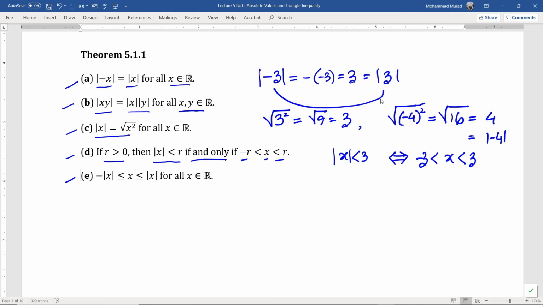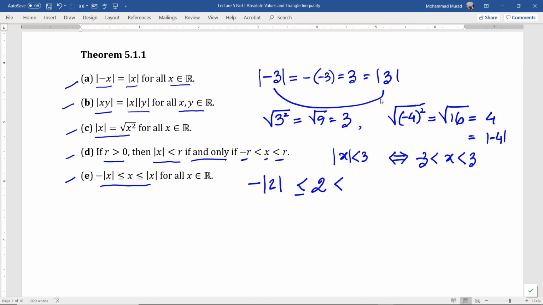Statement E. It says for all real numbers, these inequalities are true. Namely, the negative of the absolute value of x is smaller or equal to x, which is smaller or equal to absolute value of x. For example, the number 2 is larger or equal to the negative of its absolute value.